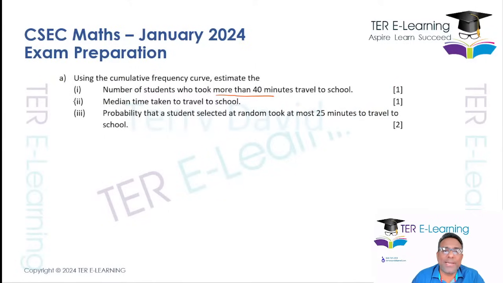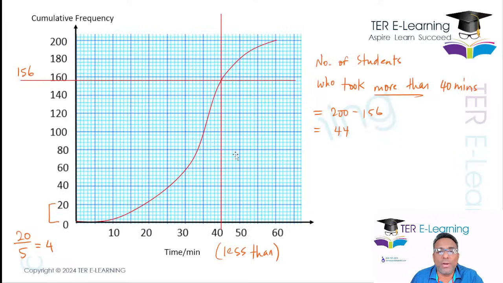So that takes care of this part here. They want you to work out the median time to travel to school. So what do you all think the median is here?